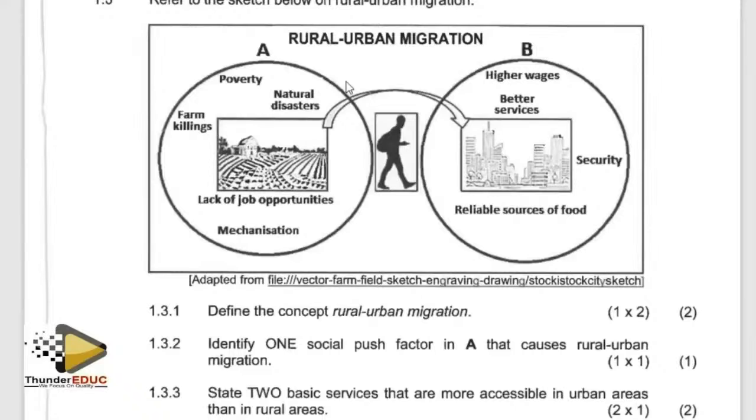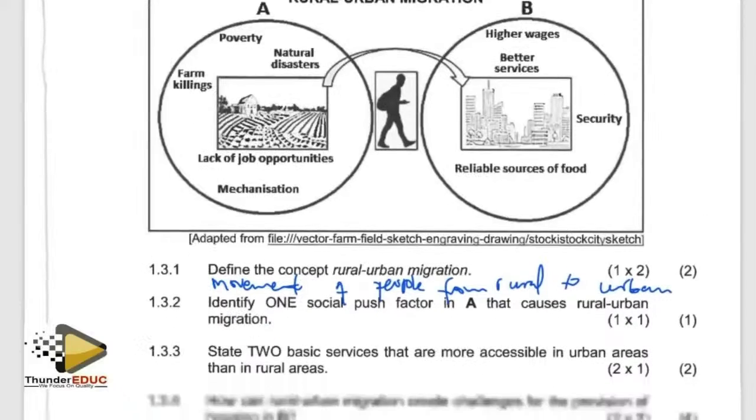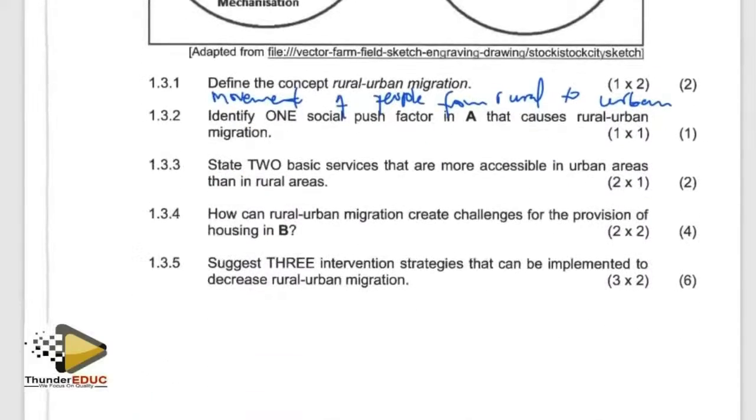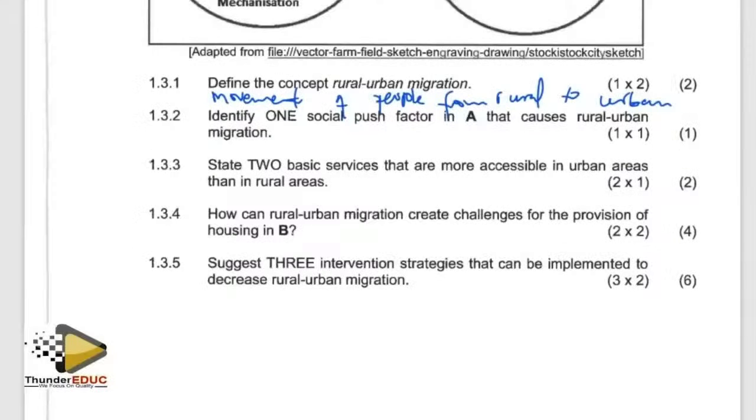The first concept to be defined is rural urban migration. So this simply means the movement of people from where? From rural to urban. Movement of people from rural to urban areas. Next one says identify one social push factor, pushing people away from the rural area.